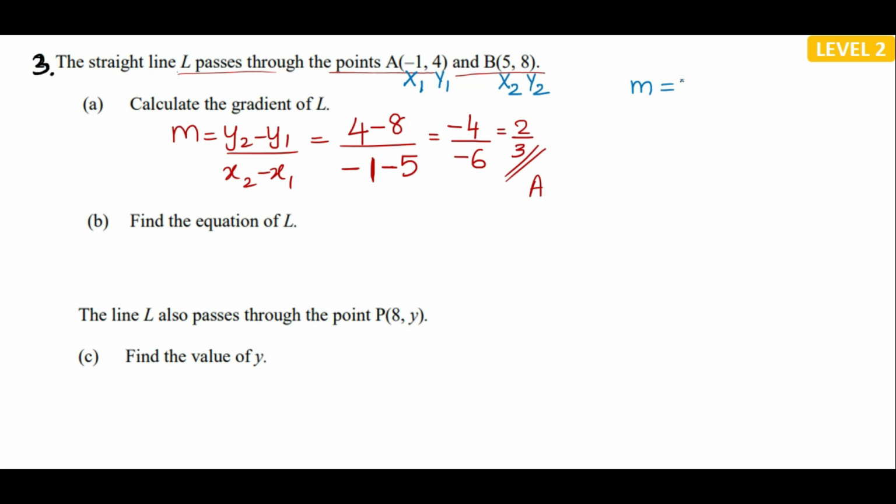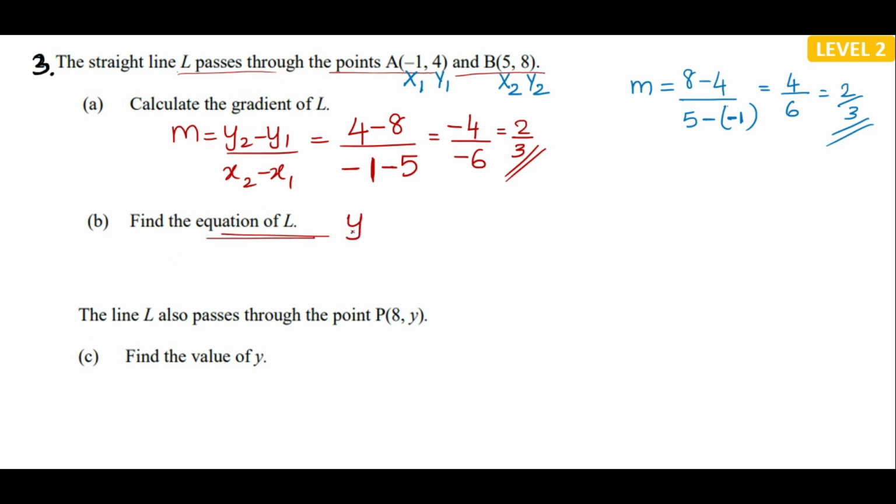See, y2 minus y1 is 8 minus 4 over your x2 is 5 minus, you have a negative 1, so minus negative 1. Please make sure you have a bracket and you realize it's going to be 4 over 6. Again, the answer remains 2 over 3. So there is no problem in taking the first coordinate or the second coordinate as x1, y1. It's up to you. Next question is to find the equation of the line L.